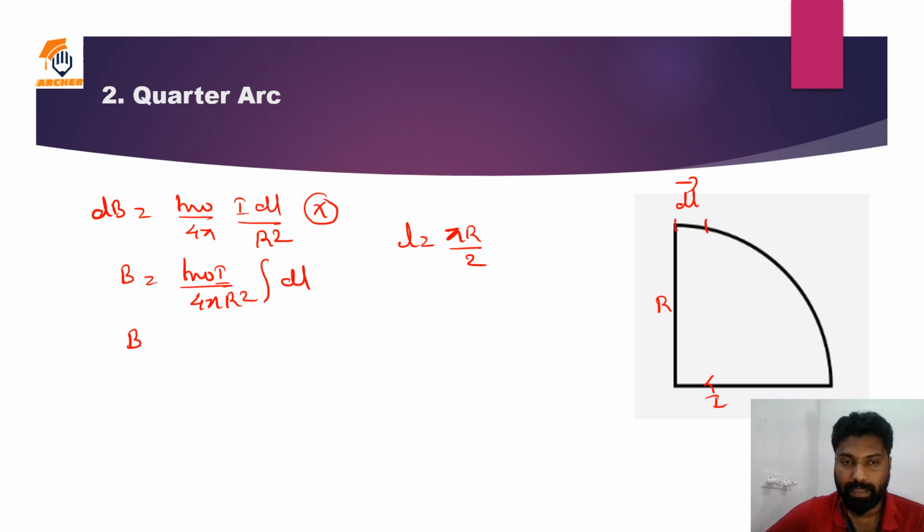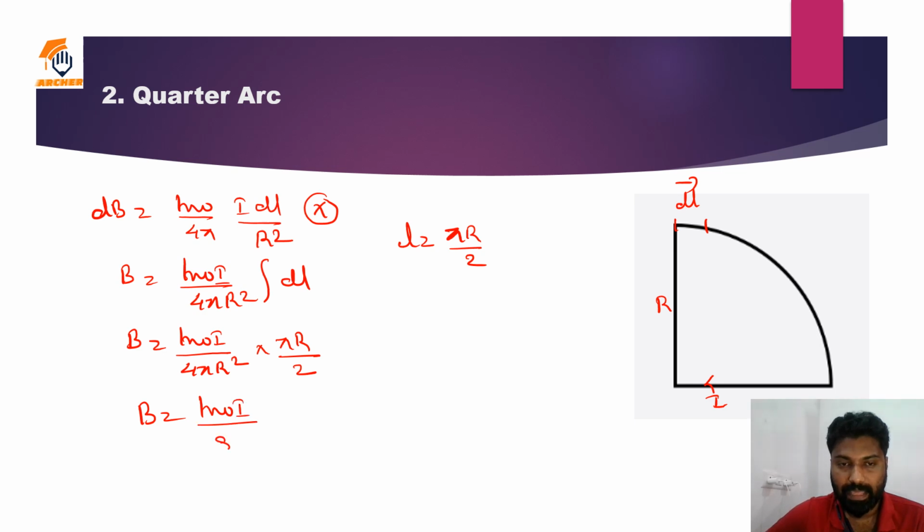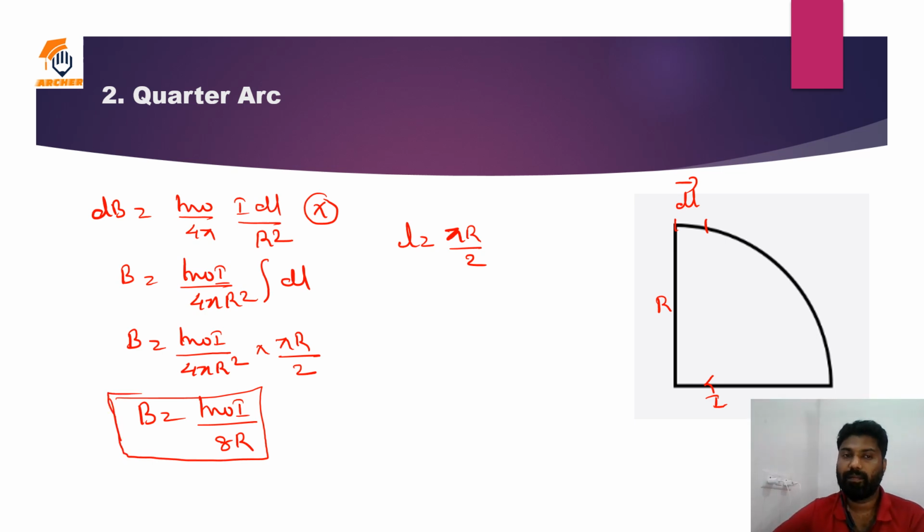So B will become mu 0 I by 4 pi r square into pi r divided by 2. So the final equation will become mu 0 I divided by 8 r. This is the magnetic field due to a quarter arc.